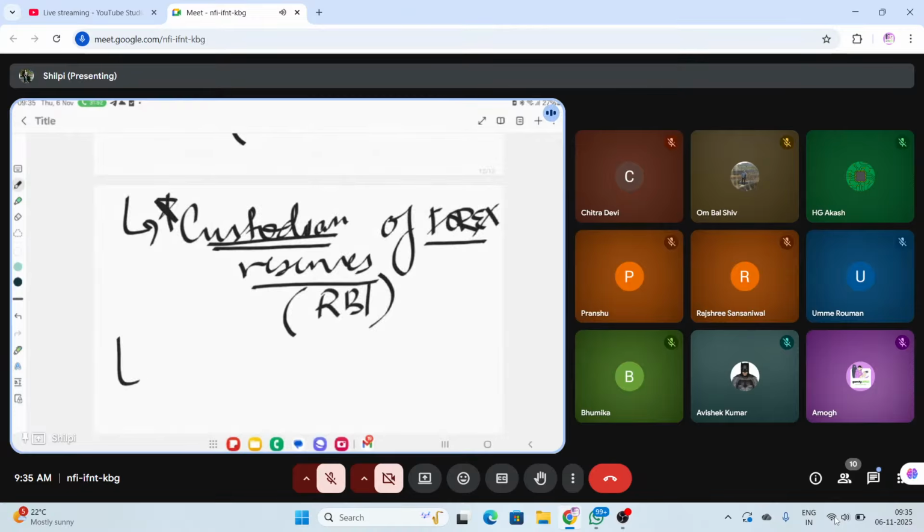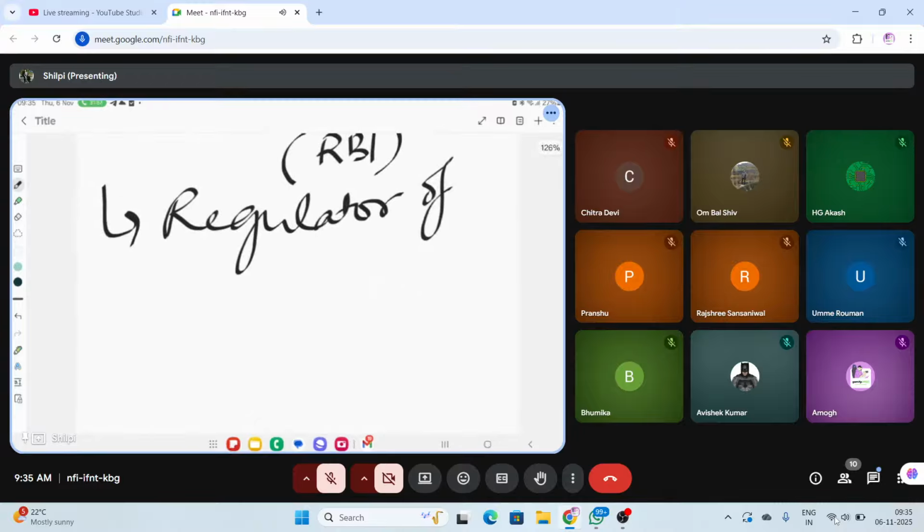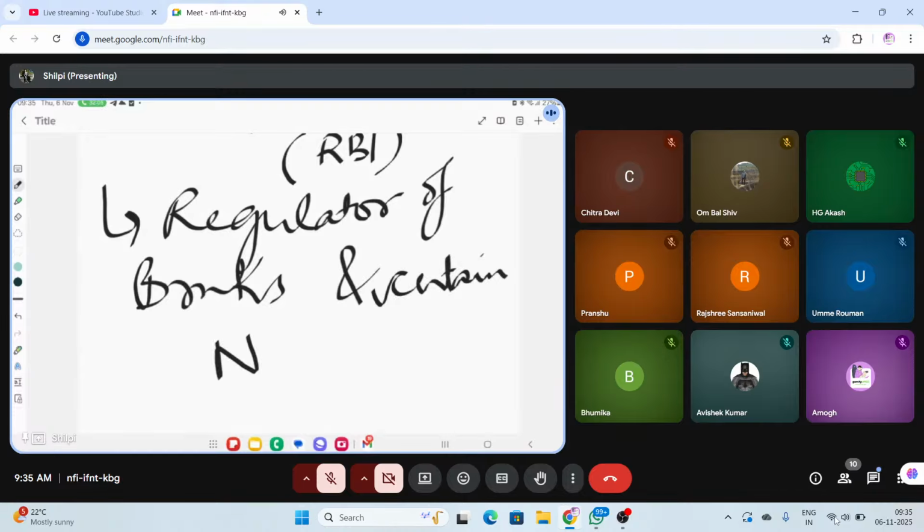Other than that, it is also the regulator of banks and certain NBFCs. Again, the concept of NBFC would be covered later, but for now, you should know that NBFCs are not actually banks.